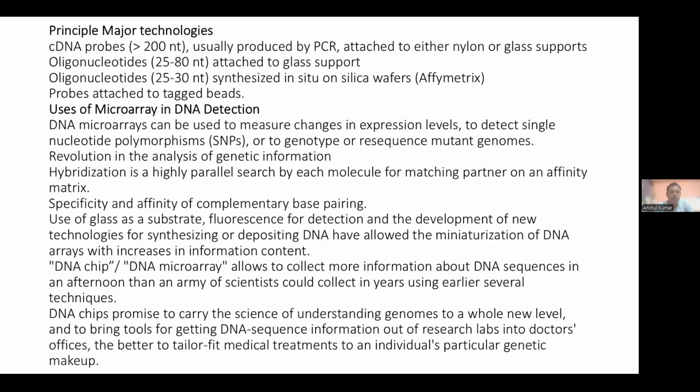Now coming to the principal major technologies, what technique is used: either cDNA probes, which are greater than 200 nucleotides, usually produced by PCR, attached to either nylon or glass supports, or oligonucleotides of 25 to 80 nucleotides, then oligonucleotides of 25 to 30 synthesized in situ on silica wafers. That is the Affymetrix, which we have already discussed, and then probes attached to tagged beads.